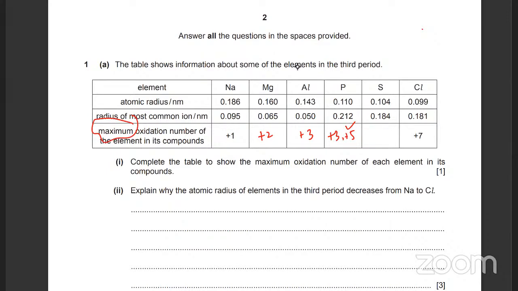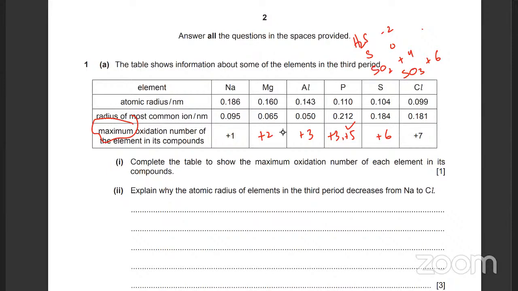Sulfur can have many different oxidation states. If I write down all of them, H2S, it's -2. Sulfur could be 0 as well. You can have SO2 where it's +4. You can have SO3 where it's +6. So +6 is the maximum oxidation state, and chlorine over there is +7.